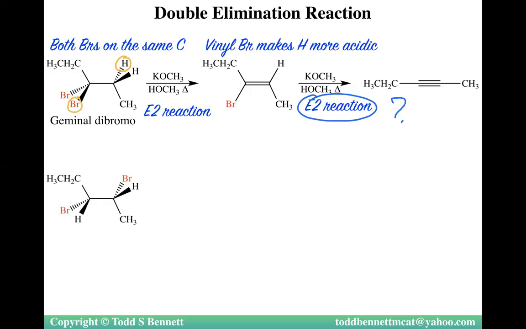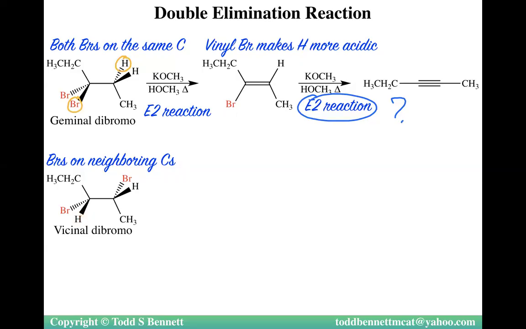Okay, so let's consider if the two Brs are on different carbons, and how that will work. Now we have competition between this H eliminating with this Br or this H eliminating there. It ends up the one that is anti to the Br is going to be more acidic than the one that is not, so that helps.